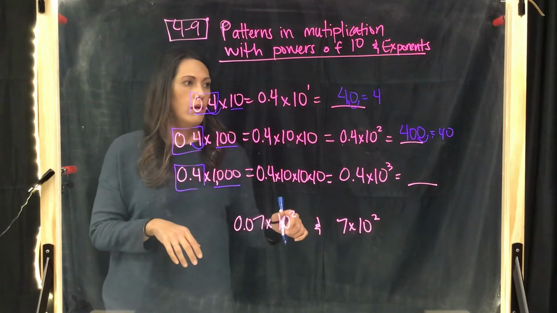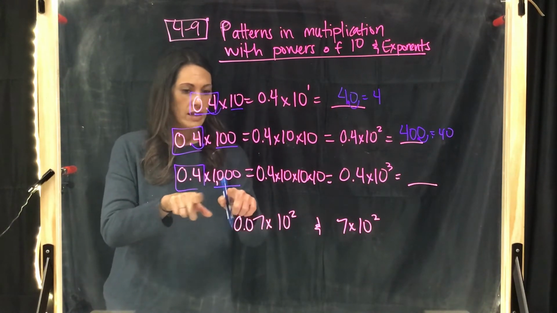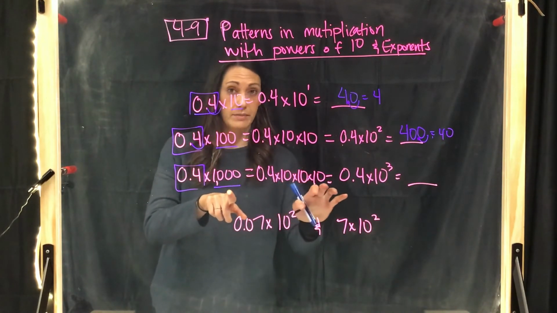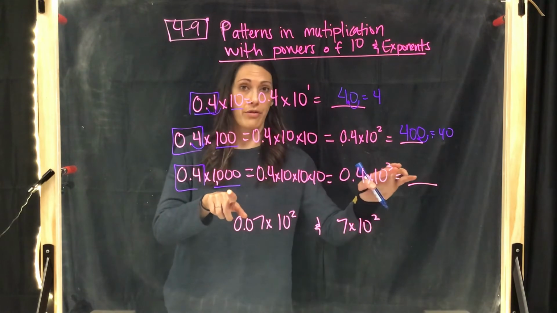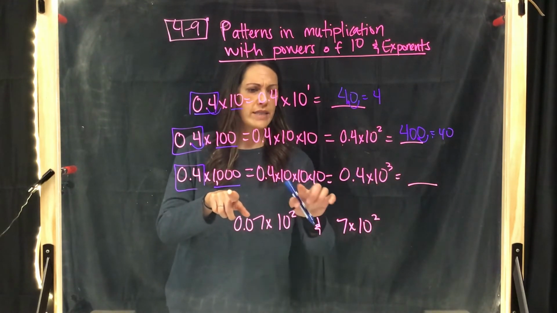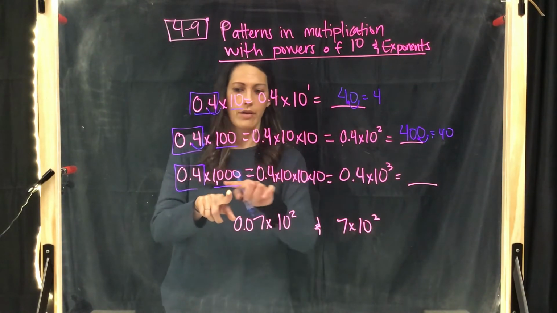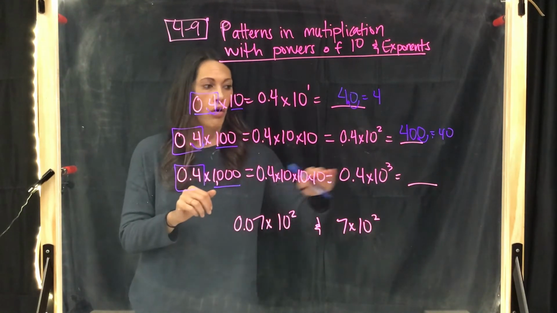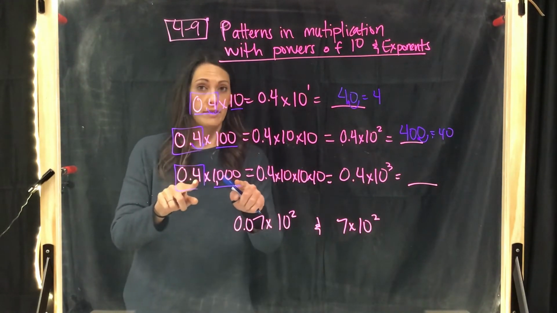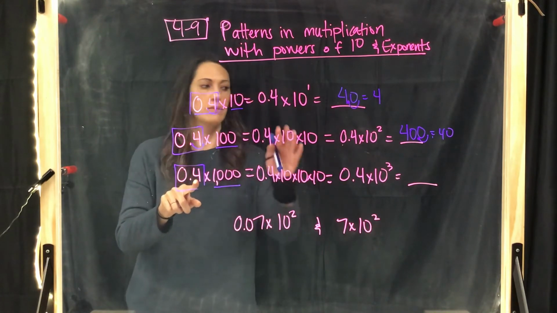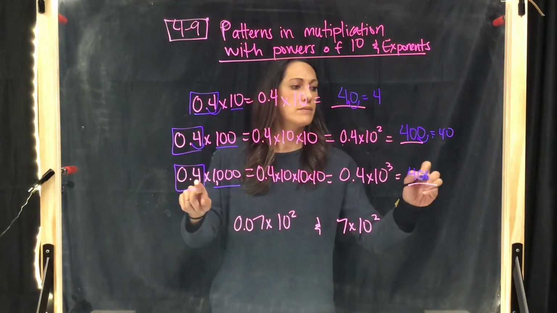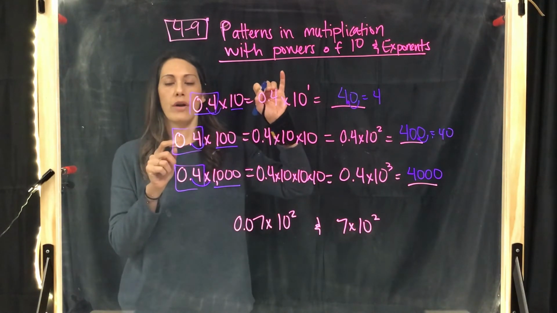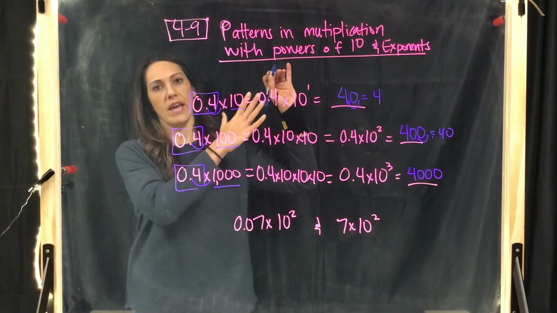So the last one, 4 tenths times 1,000. 1,000 is the same as 10 times 10 times 10, which is the same as 10 to the third power. Again, there's 3 tens here, 3 zeros here, 3 zeros here, and a 3 here. So it all correlates. 4 tenths times 1,000, I'm just going to multiply 4 times 1,000, which is 4,000. And it took one decimal move for the decimal to go on vacation out.